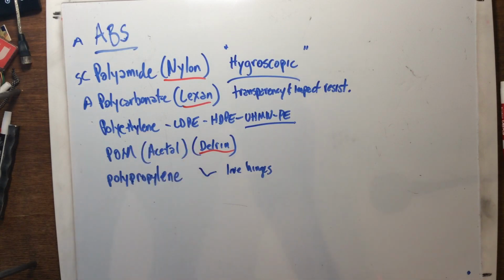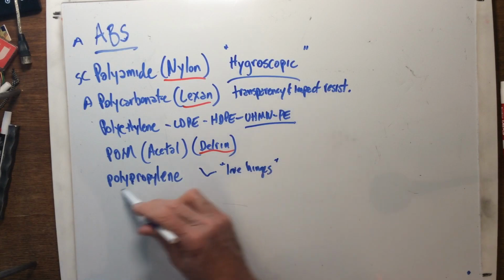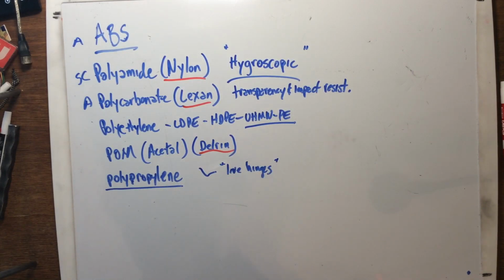That's obviously fatiguing the material, like we've talked about, but polypropylene has a resistance towards that fatiguing or bending. So, like I said, when they're designing live hinges using polymers, this is always the polymer of choice for that type of thing.